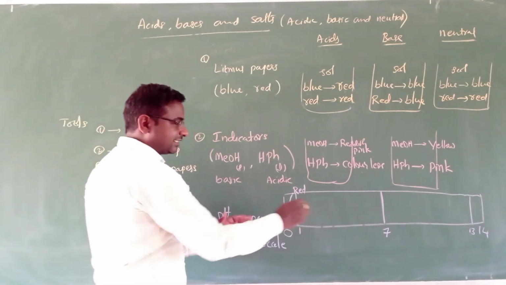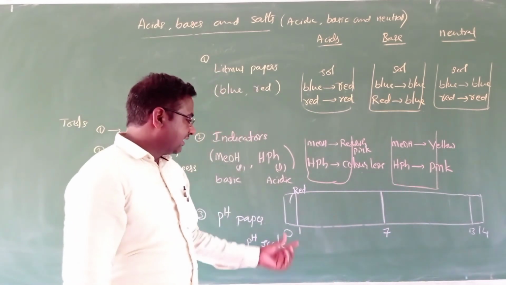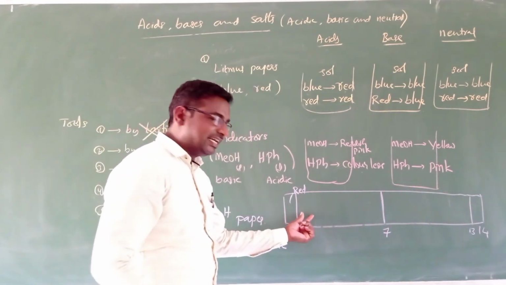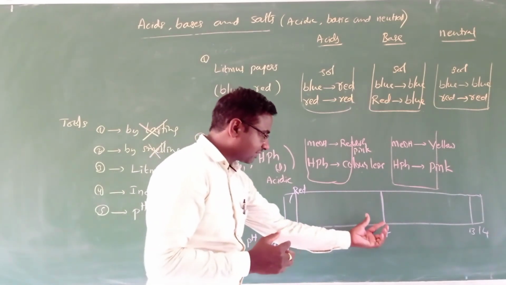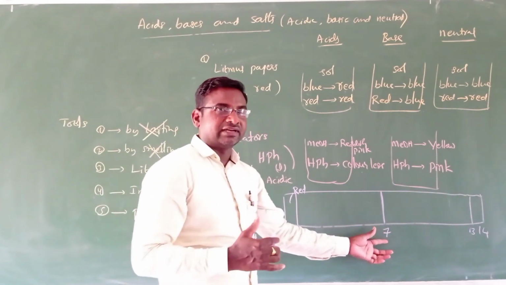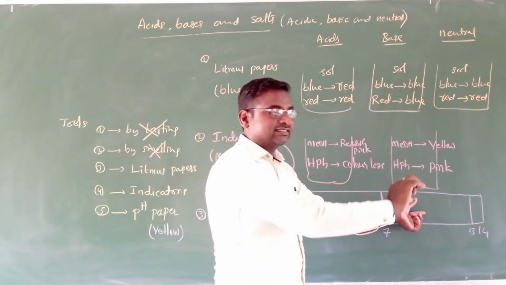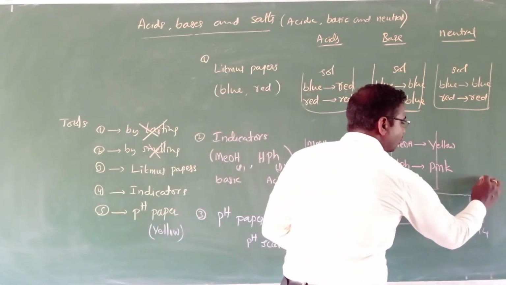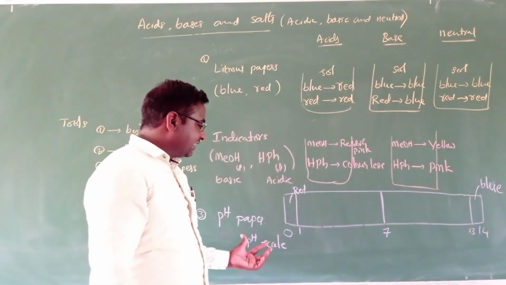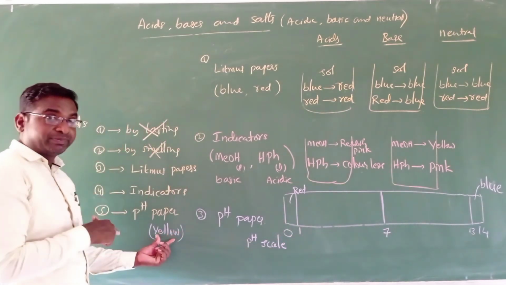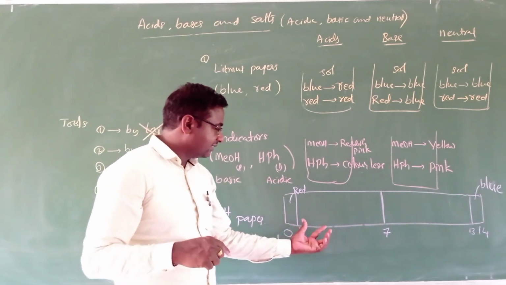Slowly the red color intensity decreases, and near 7, green color slowly comes, and again the intensity of the color increases, and here 13 to 14 is the blue color. So when this yellow pH paper turns into these respective colors, we can determine the pH value.